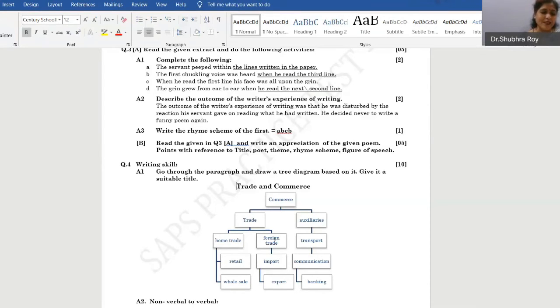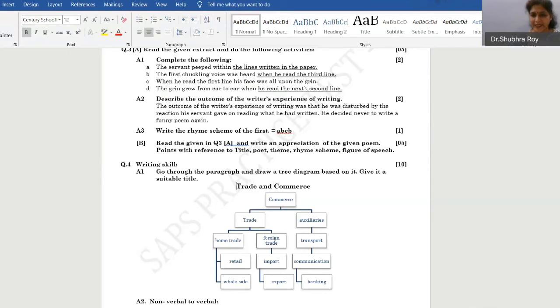See, the passage says generally by commerce we mean trade and auxiliary to trade. Trade is classified into 2 types. See the common trade diagram there: home trade, retail, wholesale, foreign trade, and auxiliaries: transport, communication, banking.